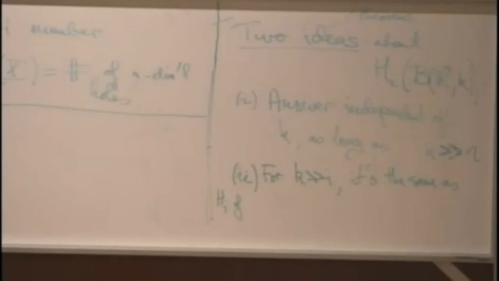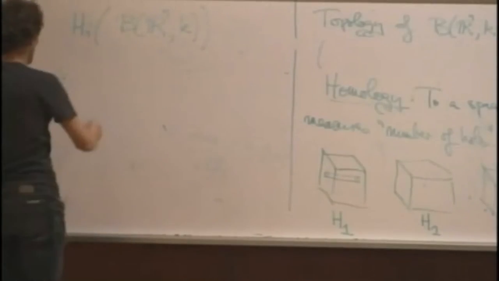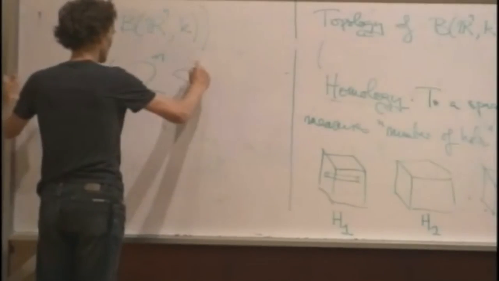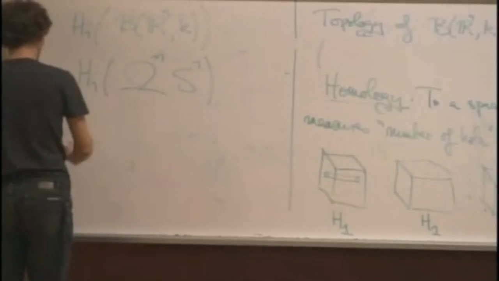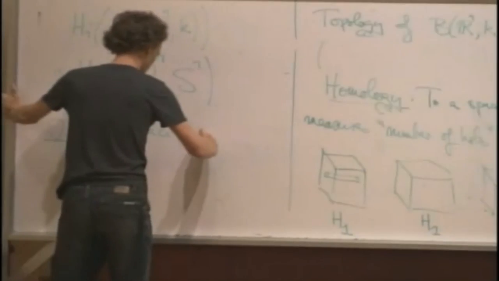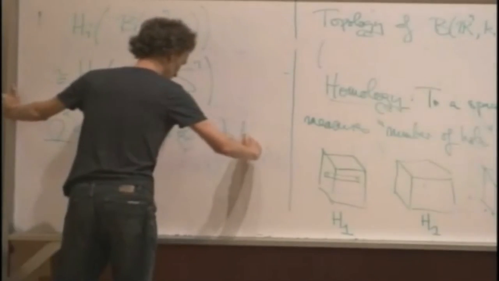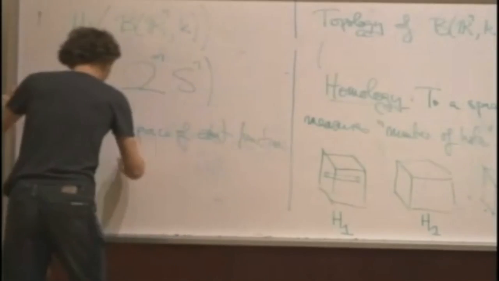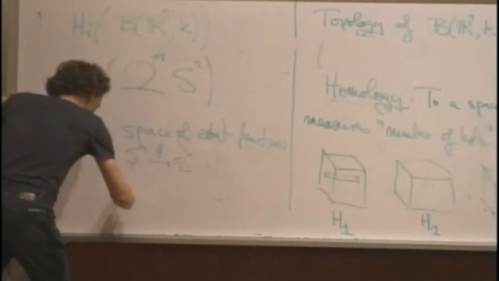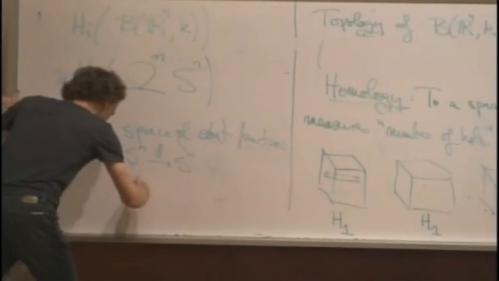So H_i of the configuration space is the same as H_i of another space, or loops n as n, where loops n as n is the space of continuous functions from Sn to Sn, with the property that they are base point preserving.